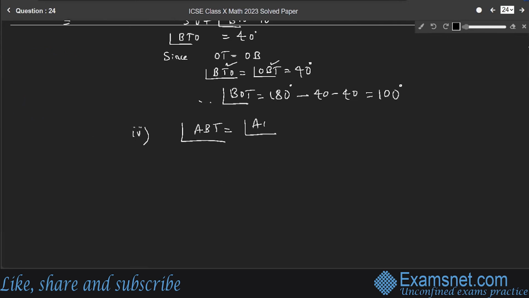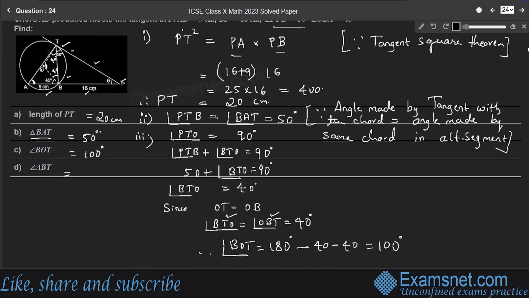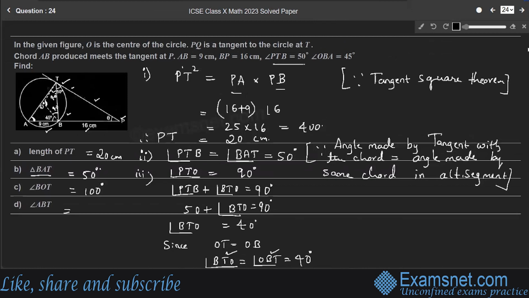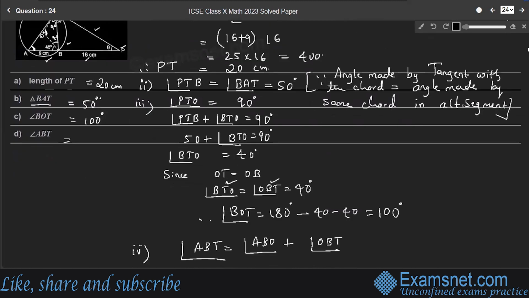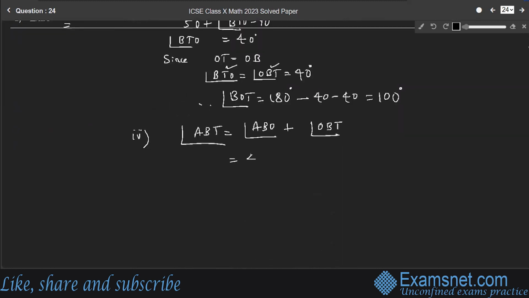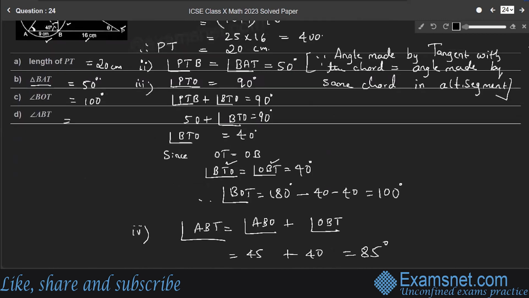Angle ABO plus angle OBT. Just now we have calculated OBT, and ABO is already given. So ABO is 45, OBT is 40. So 45 plus 40, which is 85 degrees. ABT is 85 degrees.